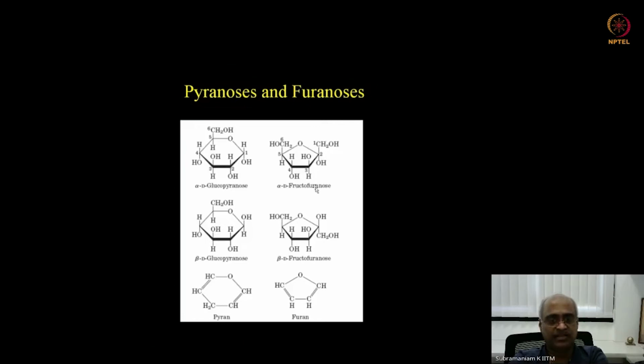So alpha-D-fructofuranose. D comes from the fifth carbon, and alpha is from the first carbon that formed the hemiketal structure here. So this is the basis for the nomenclature of the monosaccharides.